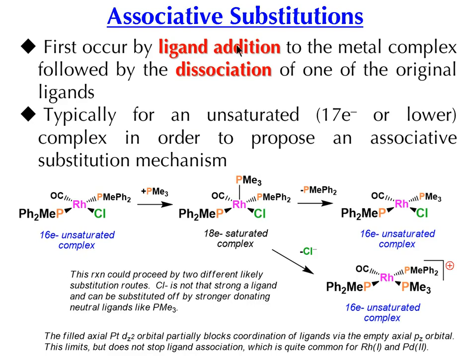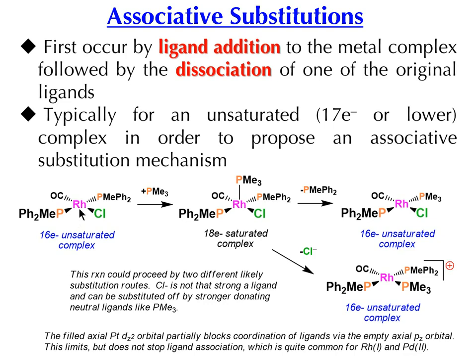Associative substitution, as we said, occurs with complexes that are not saturated. So it first occurs by ligand addition to the metal complex, followed by dissociation of one of the ligands present on M. And this is typical for unsaturated complexes.